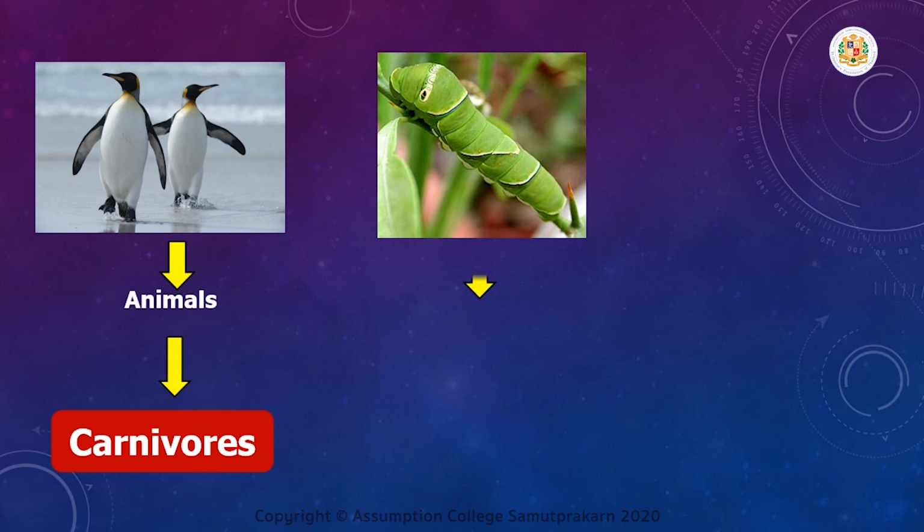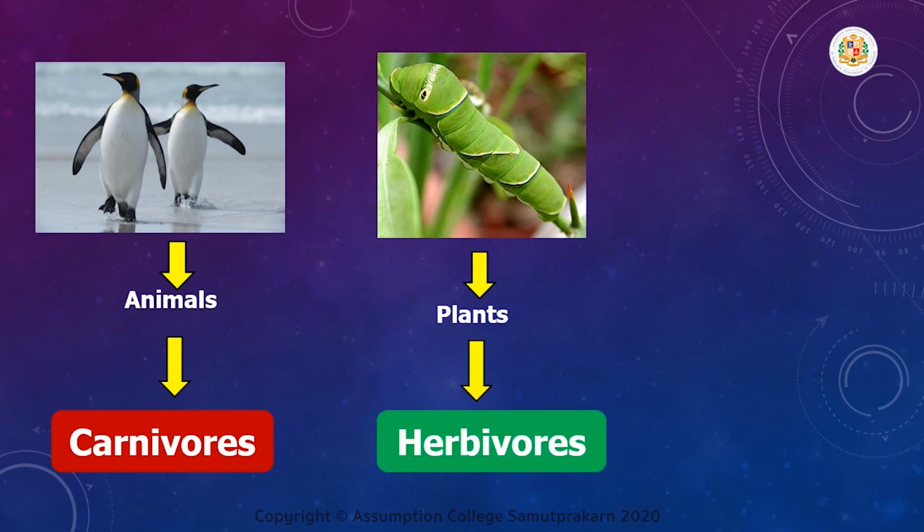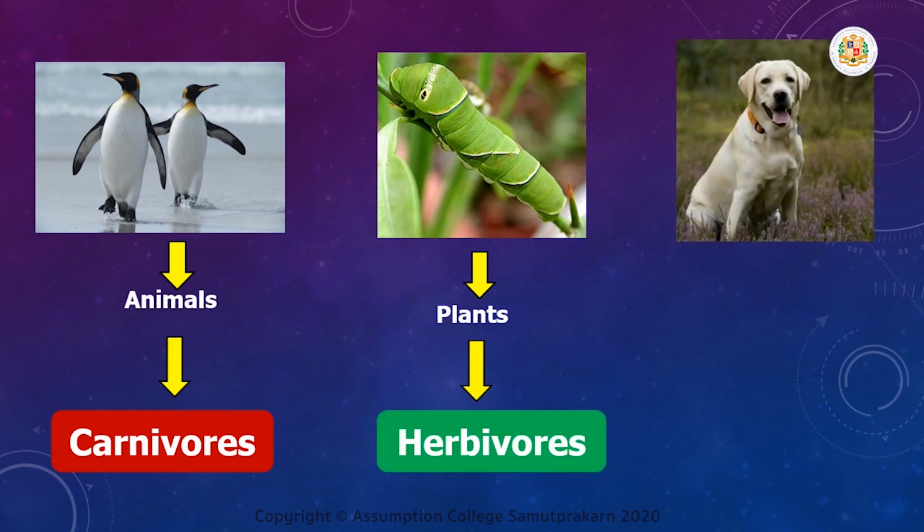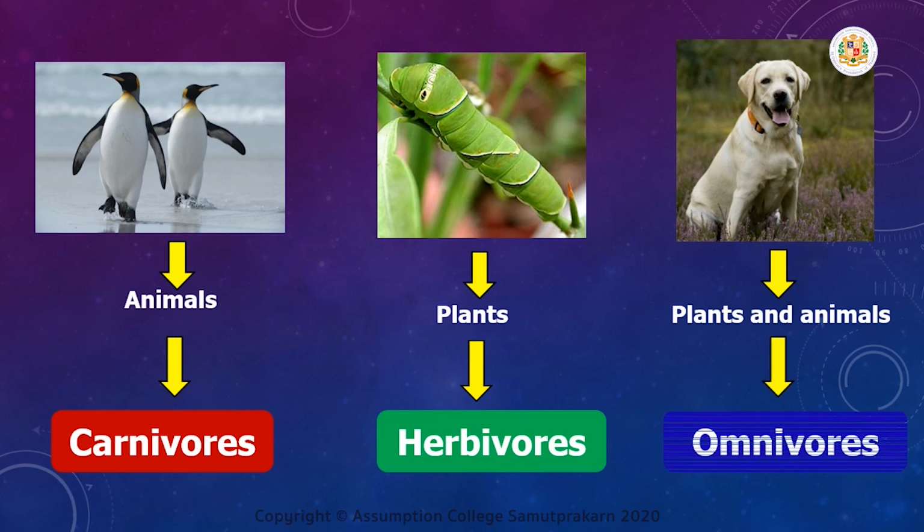This is a caterpillar. A caterpillar eats plants, and this caterpillar belongs to herbivores. Dog. The dog eats plants and animals, and this dog is an omnivore.